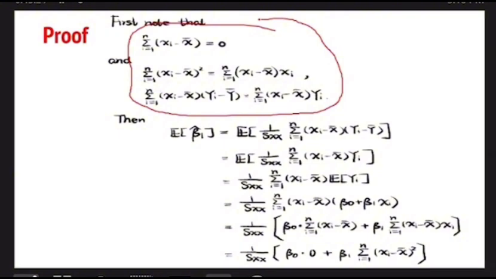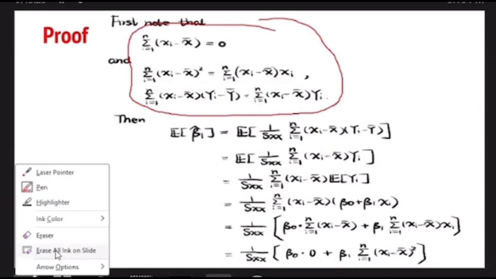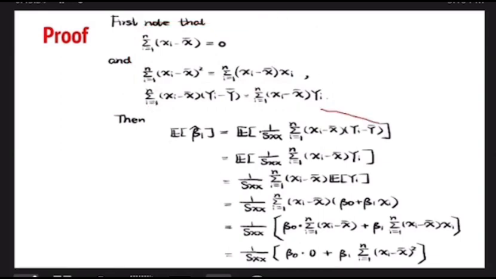Now, let us start. We want to show that the expected value of beta 1 cap is beta 1. We derived beta 1 cap to be this the other time. Summation, I'm going to write that. This is this, right?